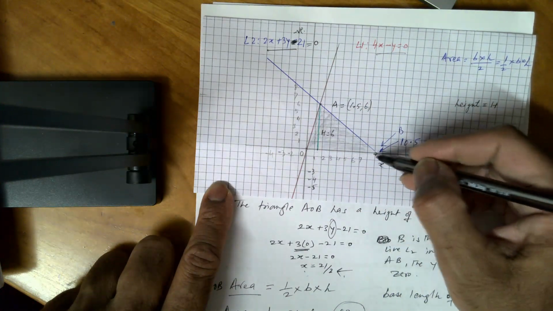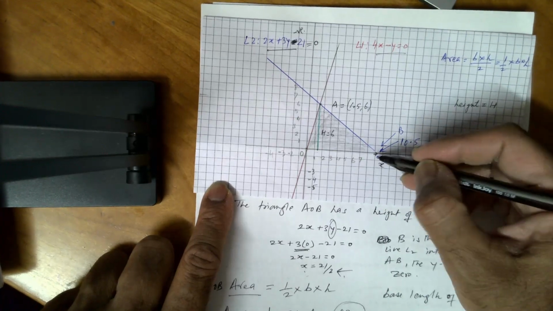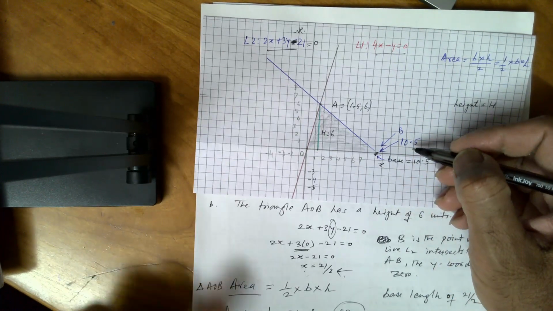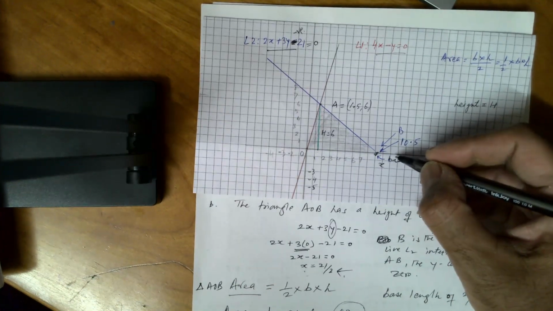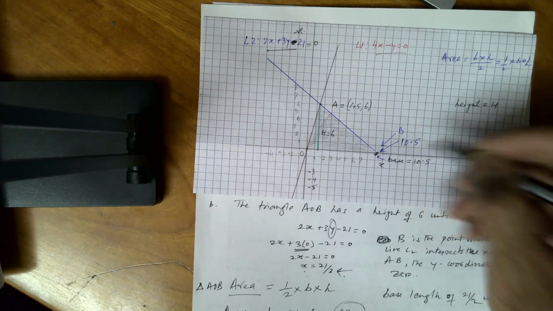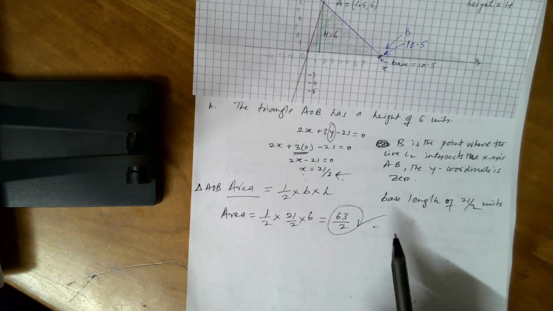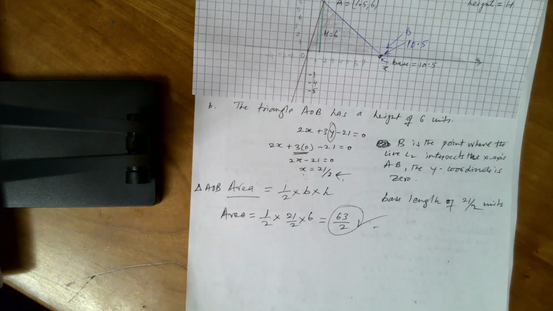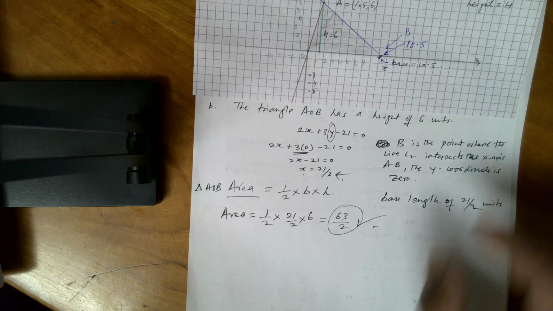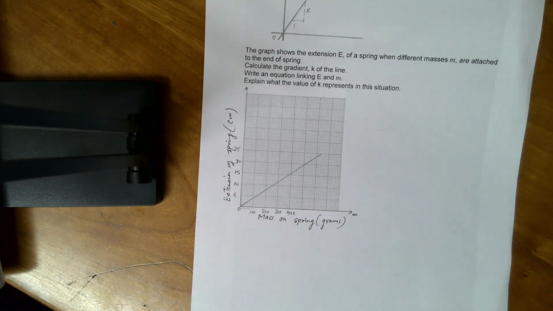So that's the B coordinate, which was your 10.5. That's your base, and the y is 0 here. And with the help of this, we calculated the area. Okay, I hope it's clear. Right, so let's move on to the next bit now.